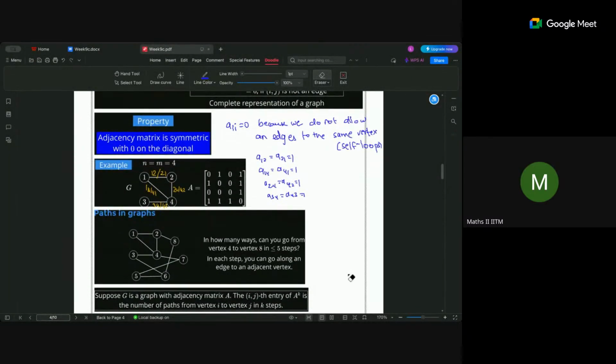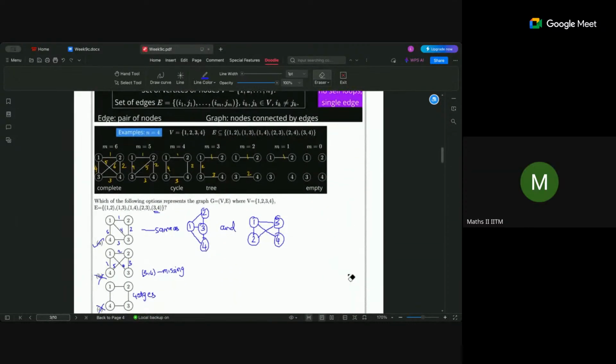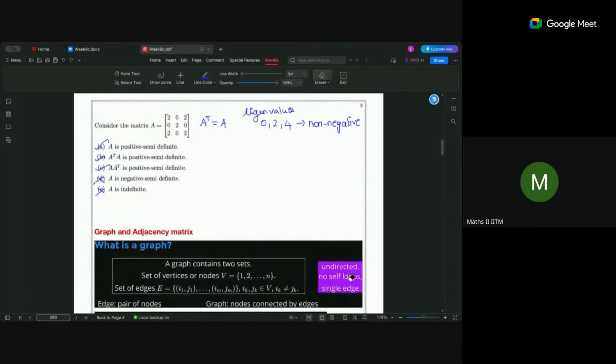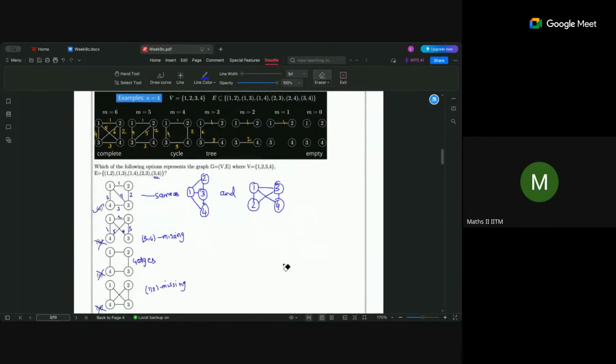Okay, fine. So before doing this, can you quickly write the matrix for this set of vertices itself? Can you tell me the adjacency matrix?